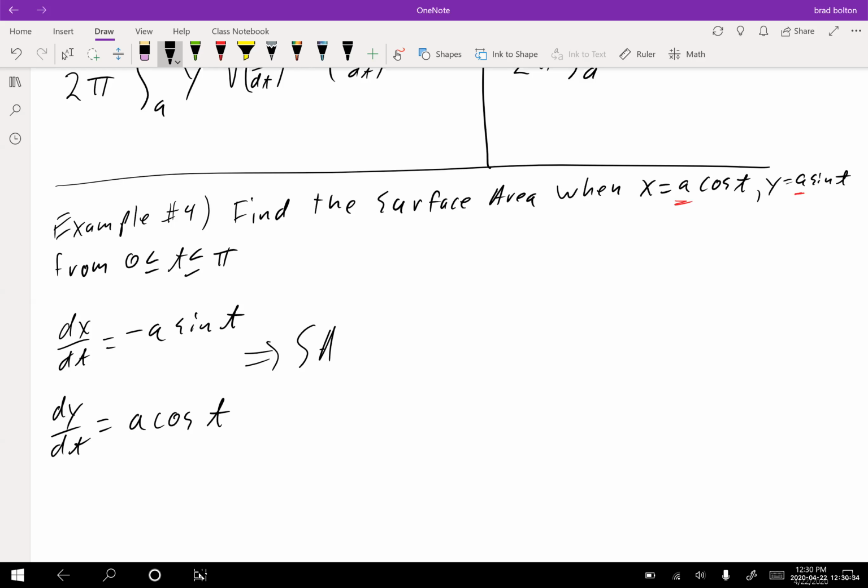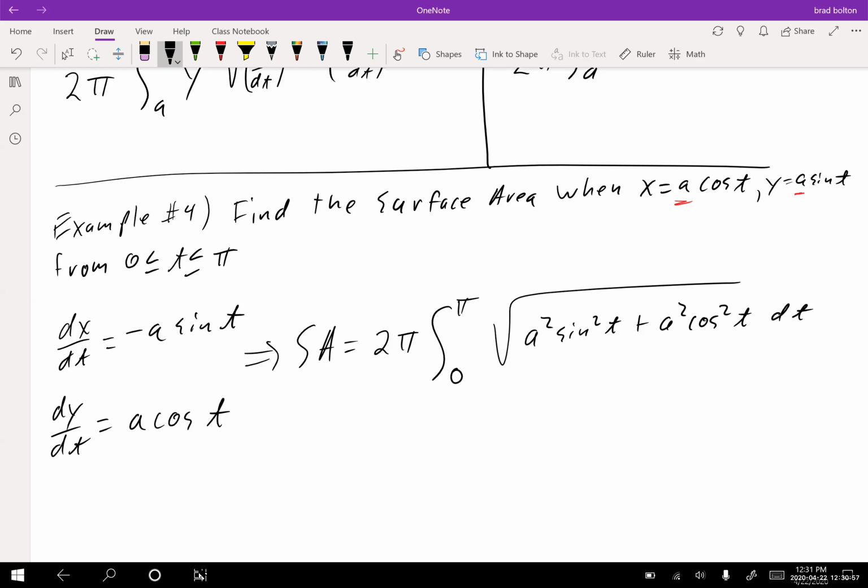So surface area equals 2 pi times the integral from 0 to pi of, now we have the square root, and then we take dx dt squared. So this will be a squared sine squared t plus a squared cosine squared t dt.